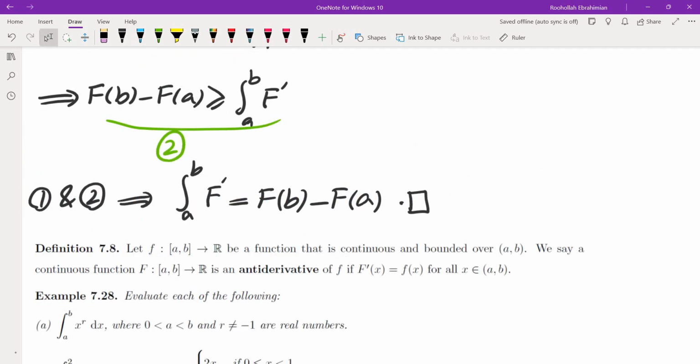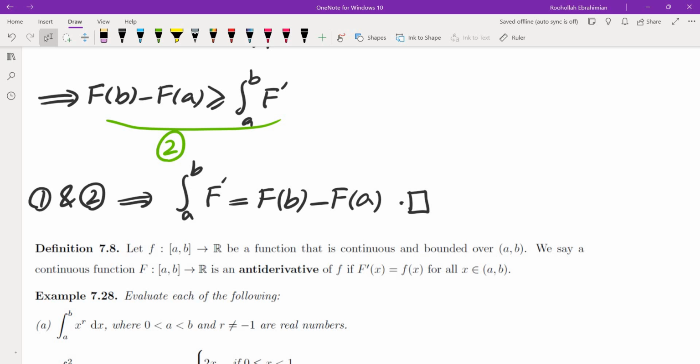Okay, so this is a theorem that we use a lot in evaluating integrals. You find an antiderivative and then you evaluate it at the endpoints. Because of the importance of this, we are going to name the function whose derivative is a given function an antiderivative.